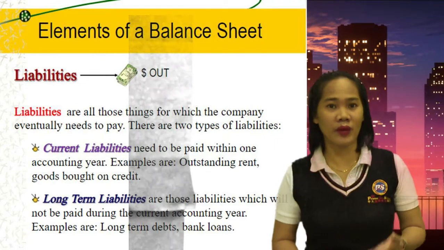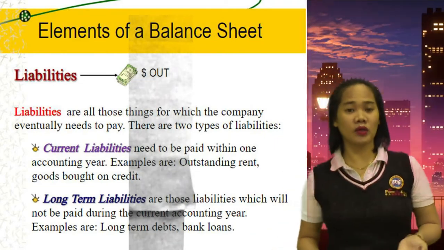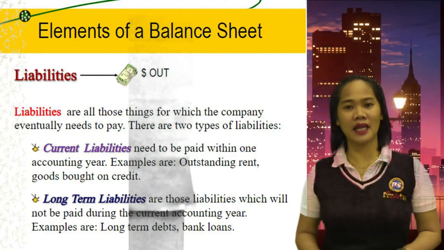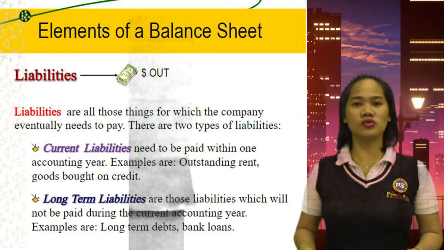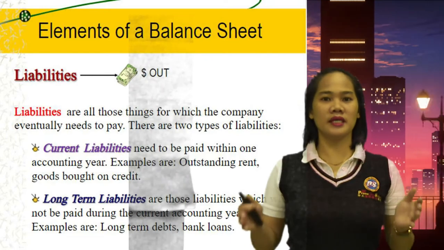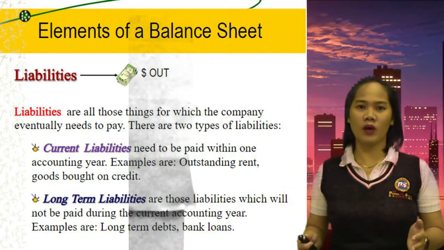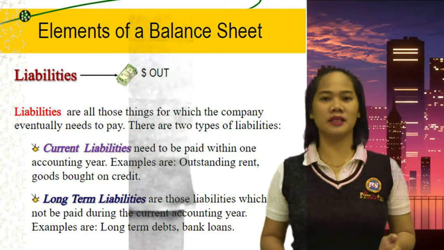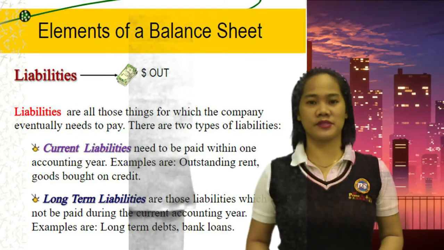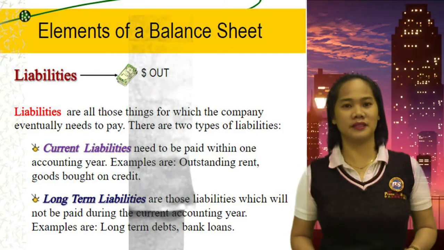Maybe outstanding rent, or goods bought on credit, or what we have as a creditor. And we also have long-term liabilities, which will not be paid during the current accounting year. Examples of long-term liabilities are a bank loan or long-term debts.